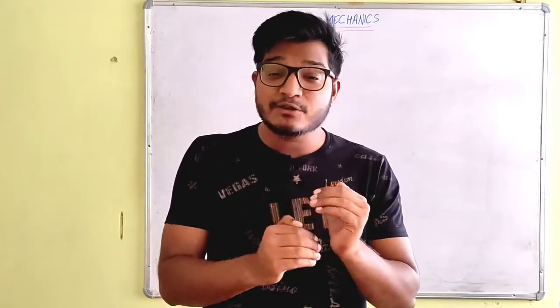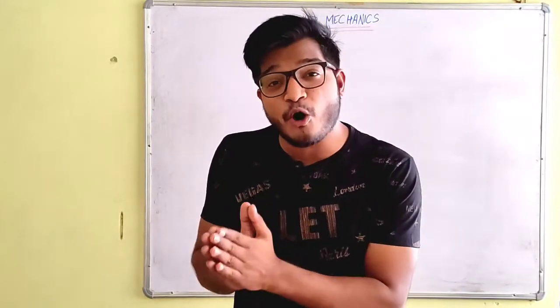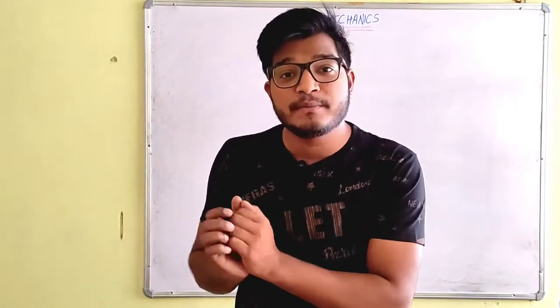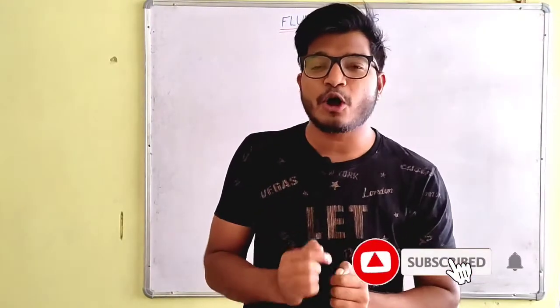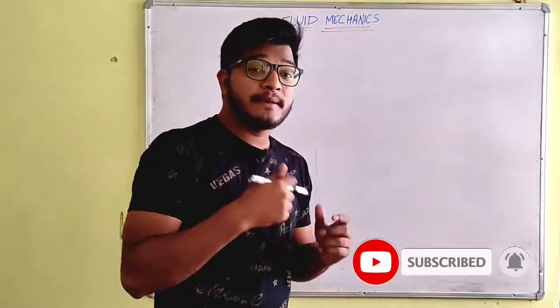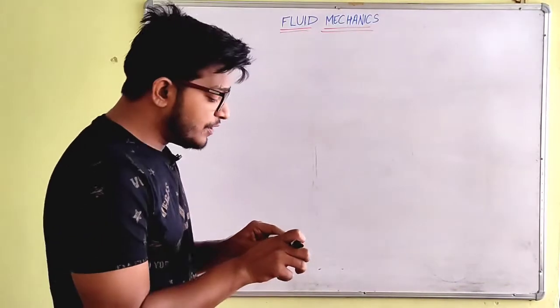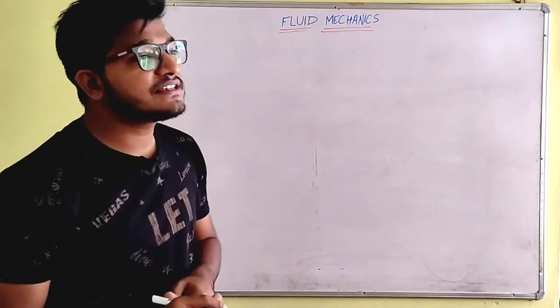Today we are going to start part 2 of the basics of fluid mechanics, in which a few fluid properties are left, and we will also talk about some types of fluid. So let's get started with the first remaining property of the fluid, which is surface tension.